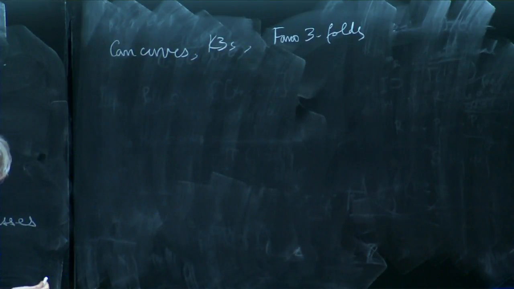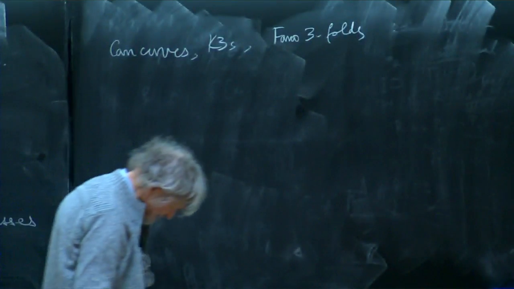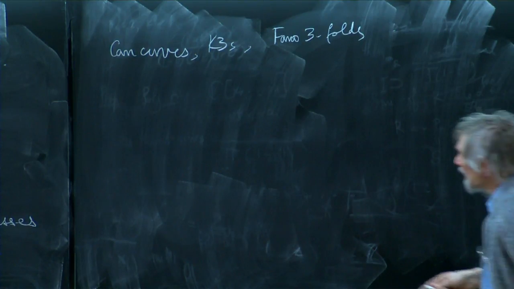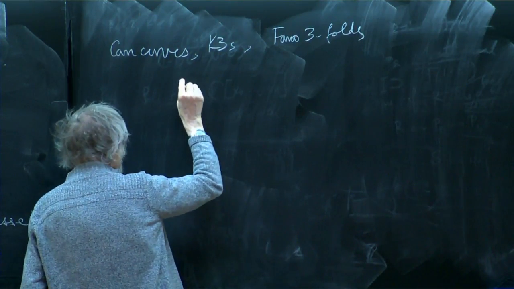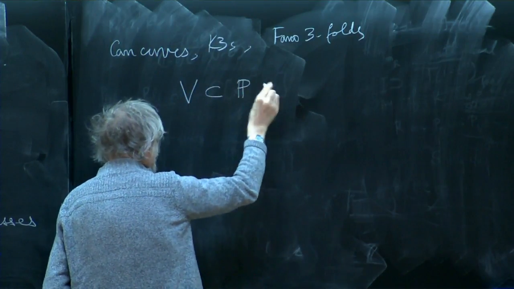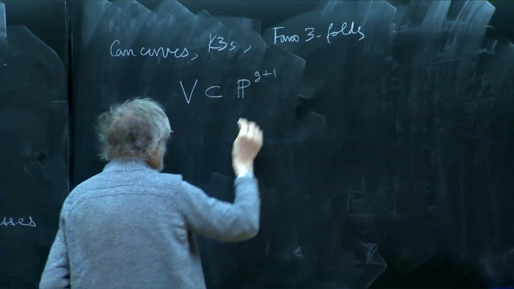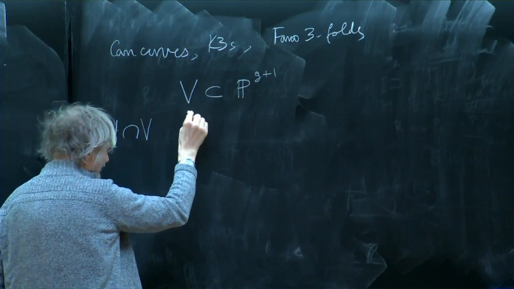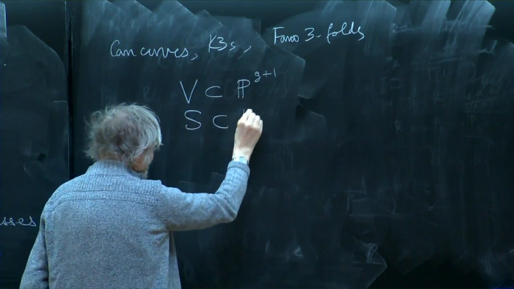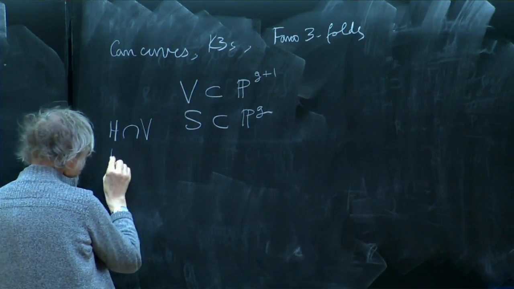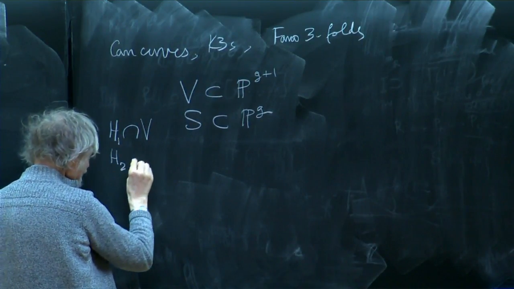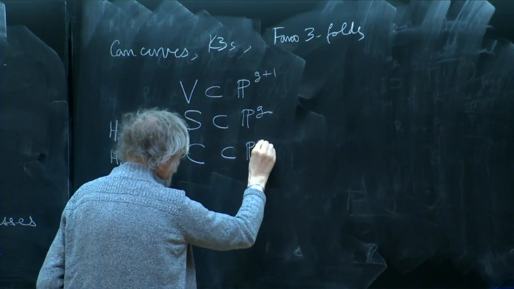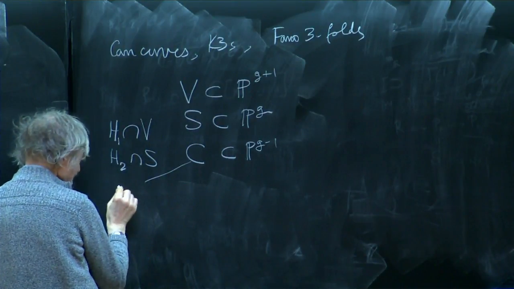Fano wrote papers from around 1890 to around 1930, and he was concerned with a variety V in projective space P^(g+1) with the property that if I take a hyperplane section intersect V, then I get S in P^g, and if I take H1, H2 intersect S, I get C in P^(g-1), and this is supposed to be a canonical curve.